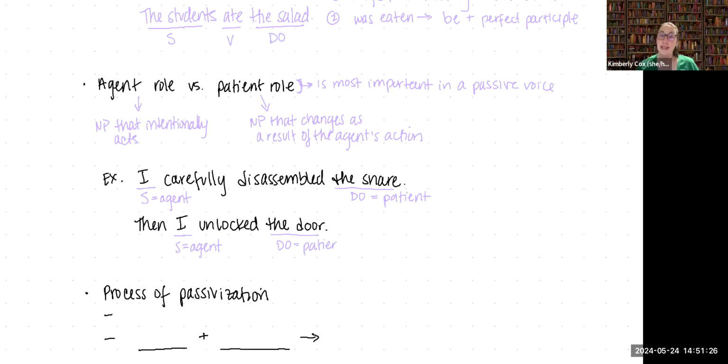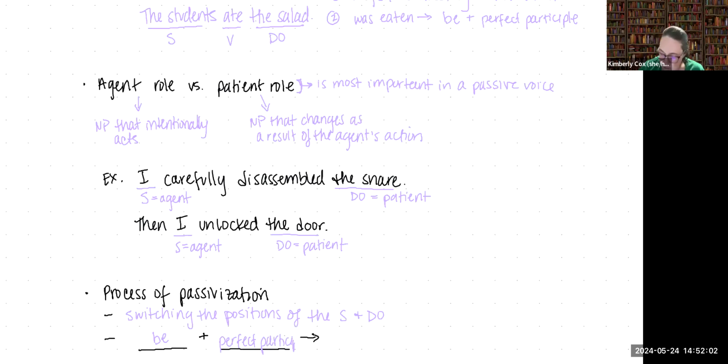Okay, so let's then talk about the process of passivization. What we're doing when we make something passive is that we are switching the positions of the subject and the direct object. We are also using a form of the verb to be with the perfect participle.